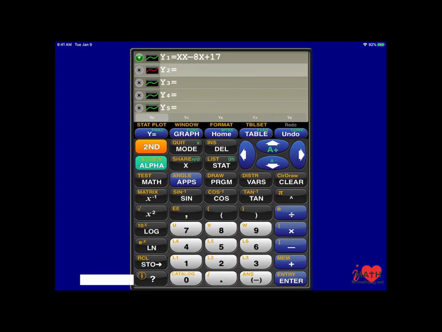And then the negative button is down here. I enter negative x squared plus 6x minus 10. And then I'm going to press graph.